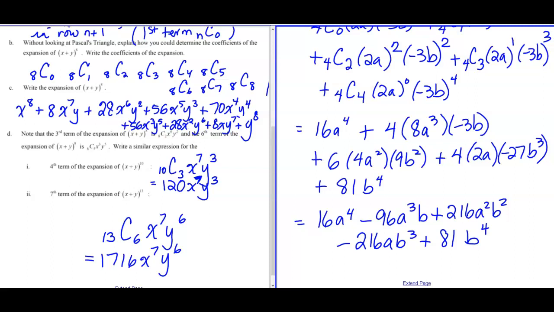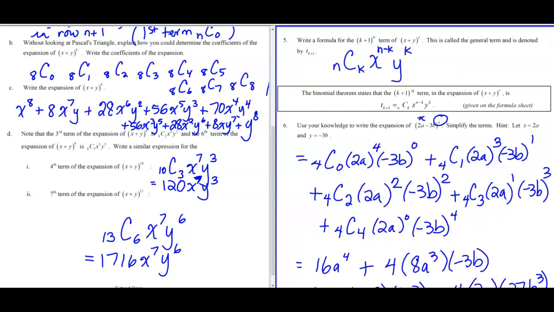Okay, so that expansion had, let's focus here, I know it's hard, it had a subtraction, it had different coefficients. Take a look at the next one.